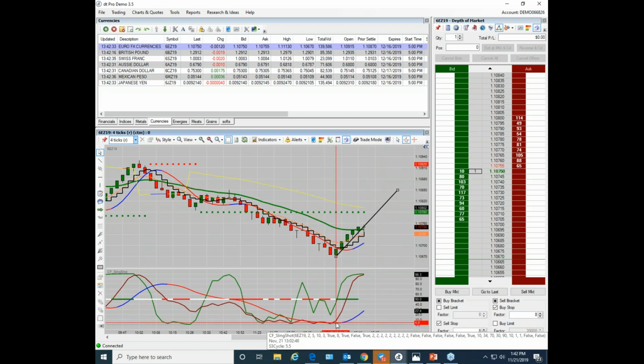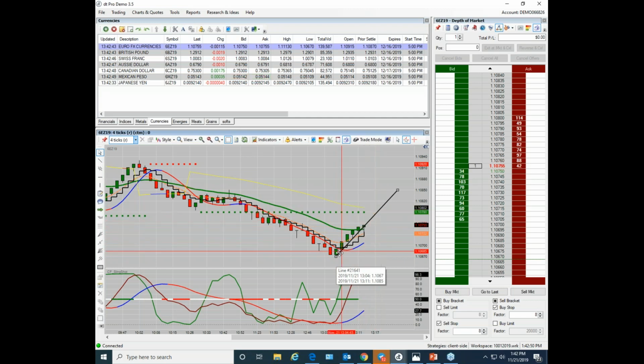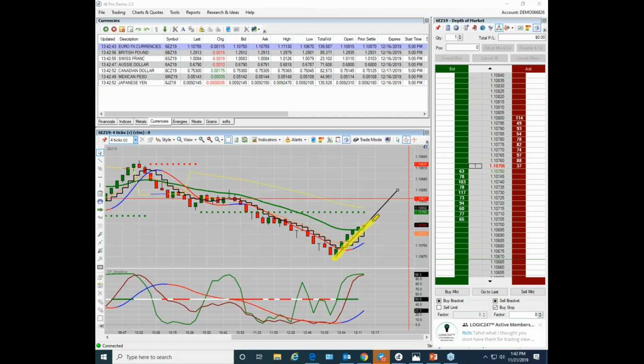It has to be flat. The other thing too is, if you do get a blue cycle, this trend line is required. You have to draw this trend line, and you're going to need a close below this trend line before you can take action.